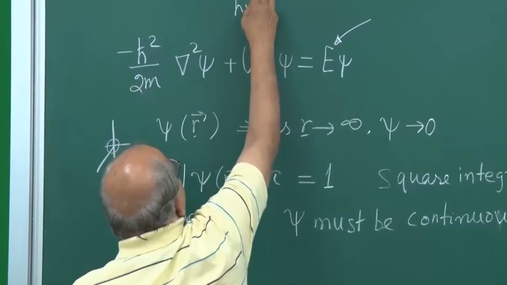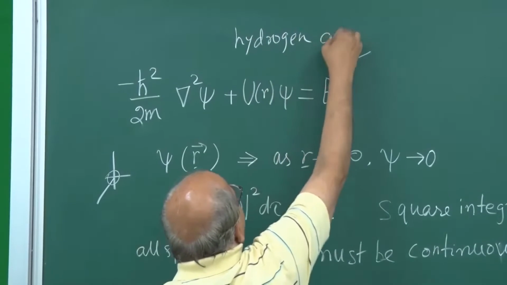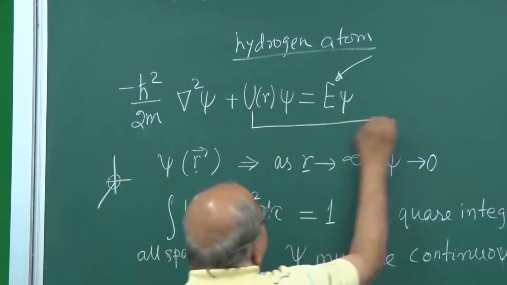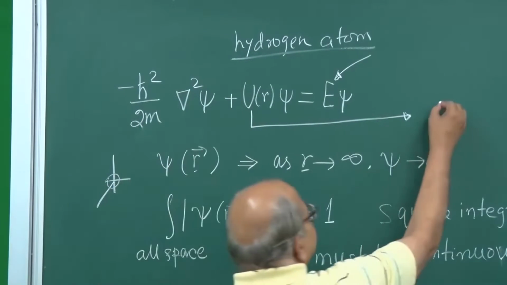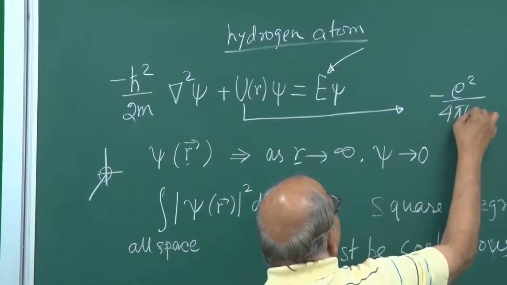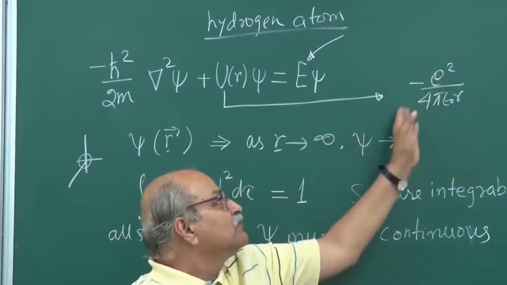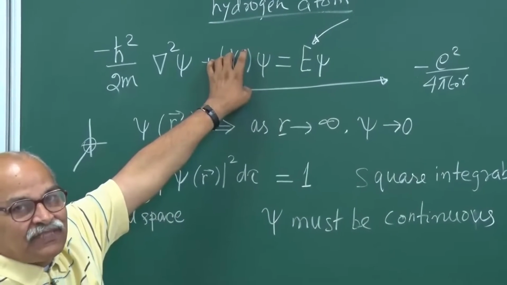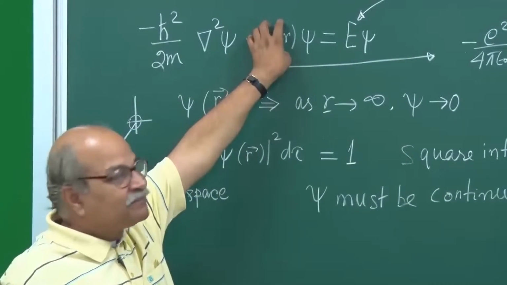When I am talking of an electron in a hydrogen atom, that means this U of r is minus e square over 4 pi epsilon naught r. Once I write U of r equal to minus e square by 4 pi epsilon naught r, I am talking of the hydrogen atom. If I am talking of something else, then this U of r will be different.